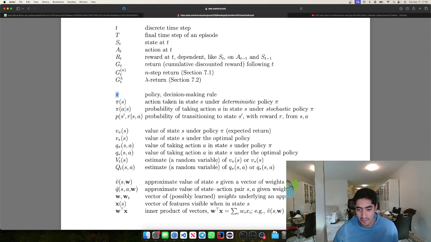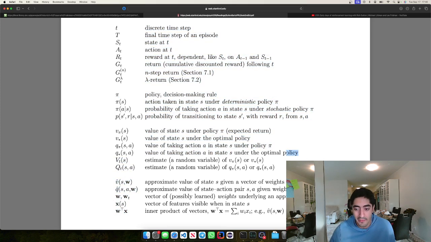Estimate a random variable of the value of policy pi, and there's pi, the value of the optimal policy. Oh wow.